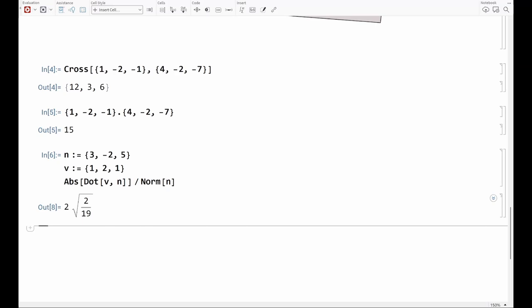Is that what you get when it simplifies? So 38 is, well, it's 2 times 19.